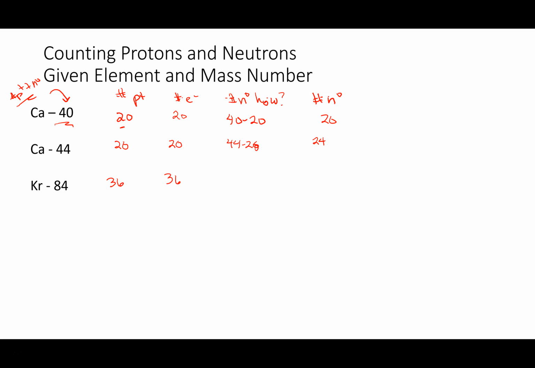So Ian, how would we go about calculating neutrons? You would subtract 36 from 84. So 84 minus 36. And feel free to use a calculator, Jasmine, because I probably would. What do you think? 34? Perfect. Thank you, ma'am.